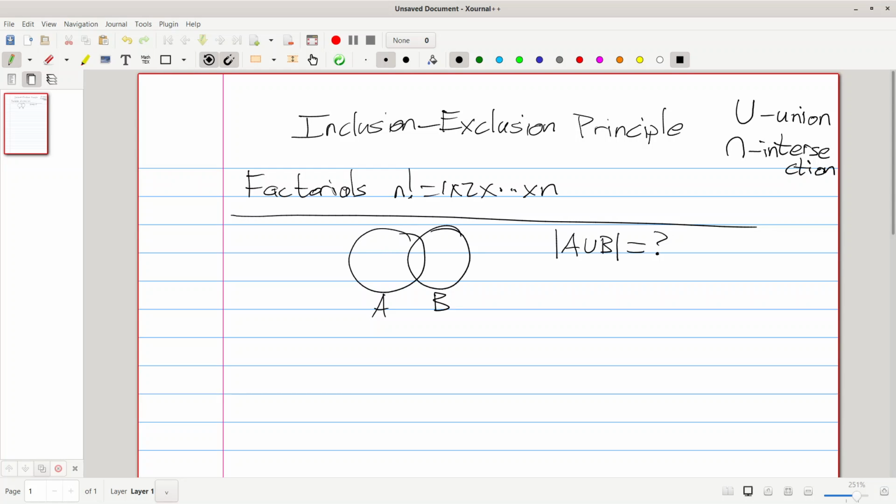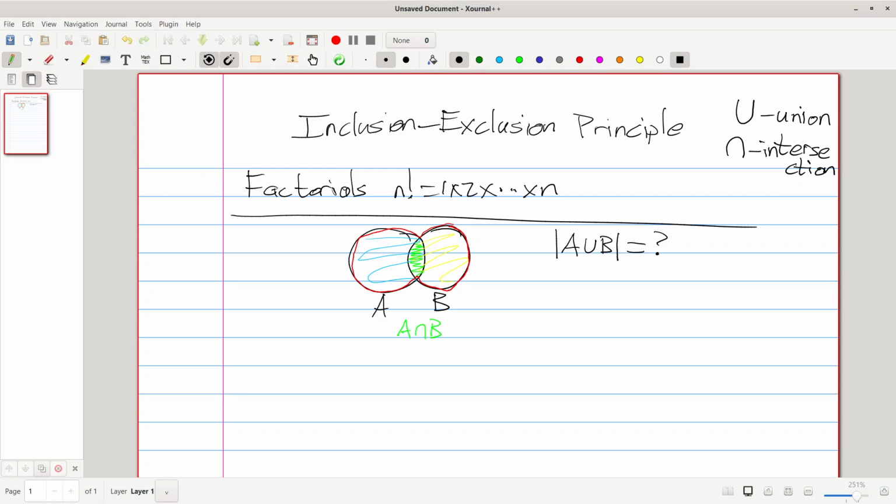So for example, A would be the set on the left, and B would be the set on the right. Now there is a little part where they overlap, and that is A intersection B. That's the part where they overlap. Whereas the union would be, let me just draw some red over here. The union would be what's inside both sets.